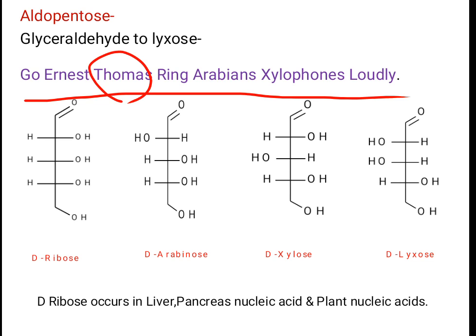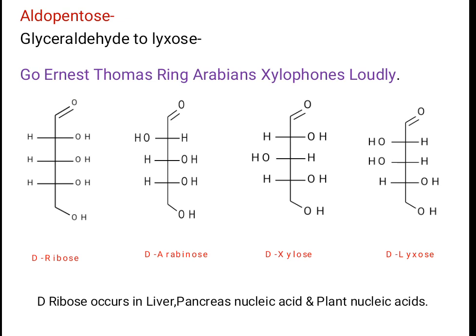I prefer to say go Ernest, Thanos, ring Arabians xylophones loudly. If you are a Marvel fan, then you must know who Thanos is. Ring means ribose, Arabians means arabinose, xylophones corresponds to xylose, and loudly corresponds to lyxose. This is the short form by which you can remember all these.